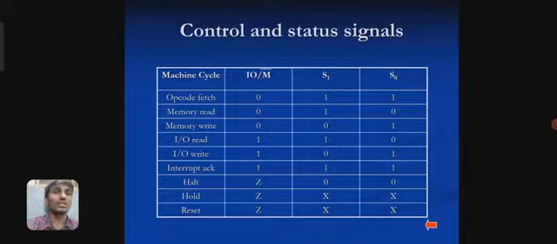Input and output read is 1 1 0, and input and output write is 1 0 1. Interrupt acknowledge is 1 1 1, halt is Z 0 0, hold is ZXX, reset is ZXX. So these are some control signals and status signals according to the bits.